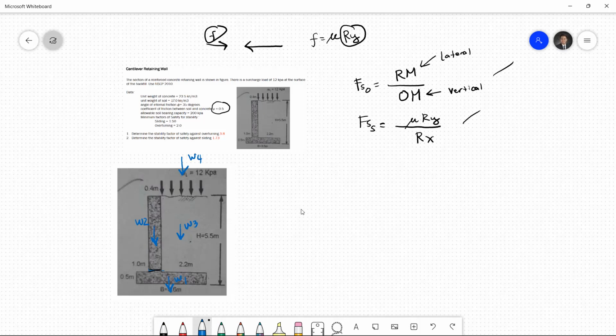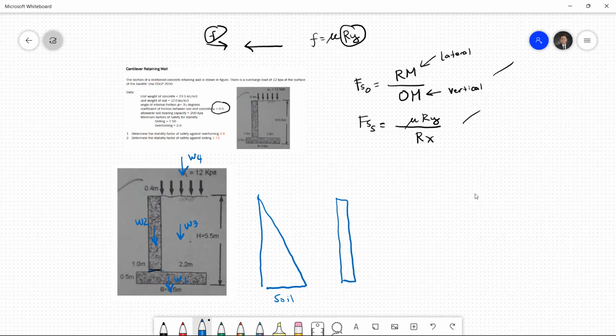Then for the horizontal force, the pressure diagram is due to soil, and also due to the cohesion.